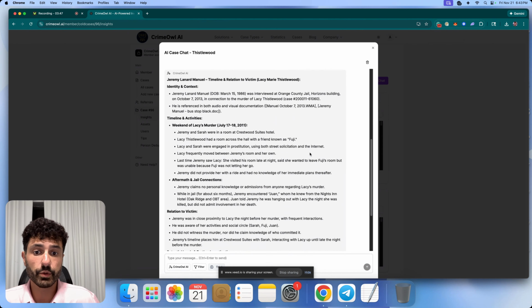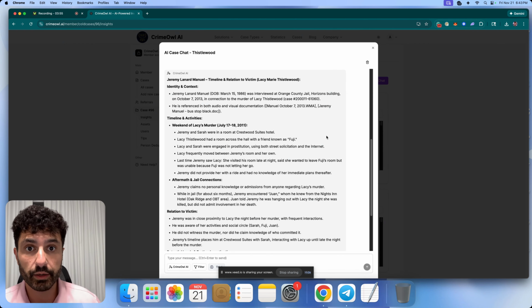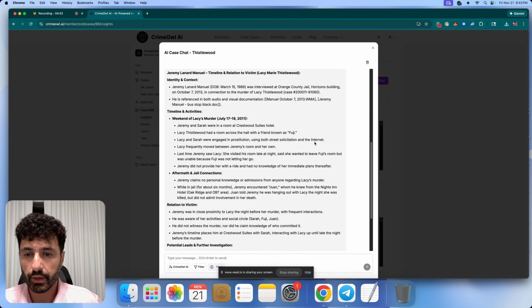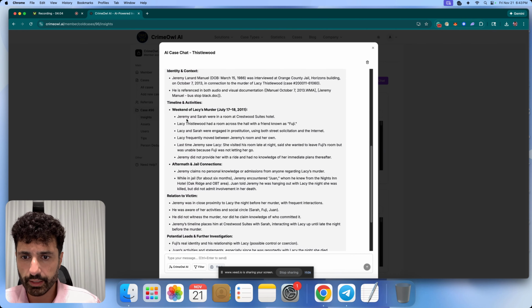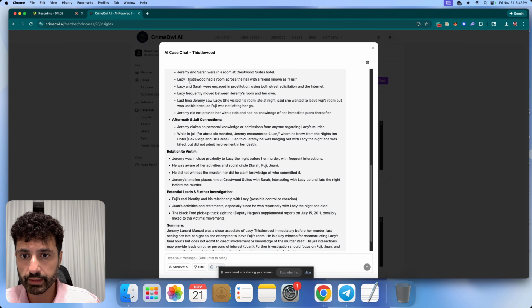And we have access to the most powerful models. What you use on ChatGPT is not the most powerful model. We have fine-tuned this over months, working with different investigators, different people to make sure it is fine-tuned for investigations. So here's his timeline. Jeremy and Sarah were in a room. Lacey Thistlewood had a room across the hall with a friend named Fuji.